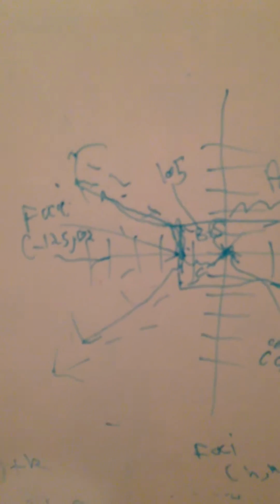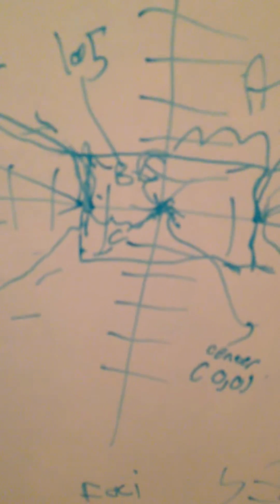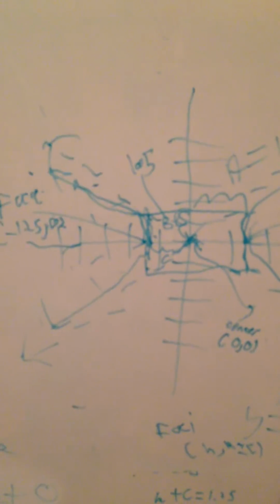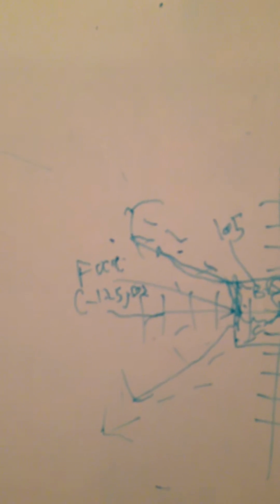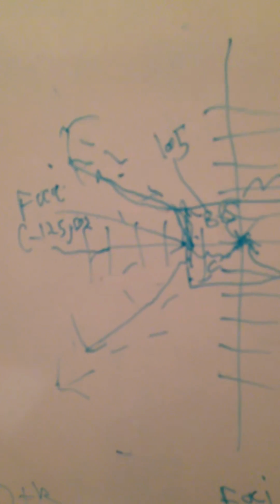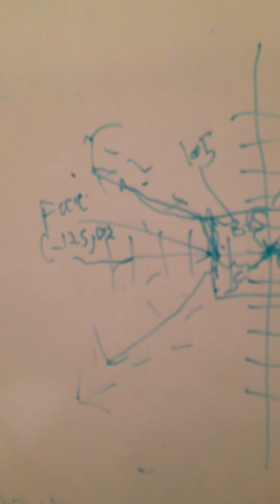You can find that from the foci, because the foci are h plus or minus c, comma, k.